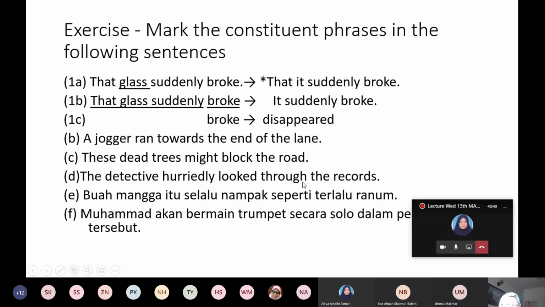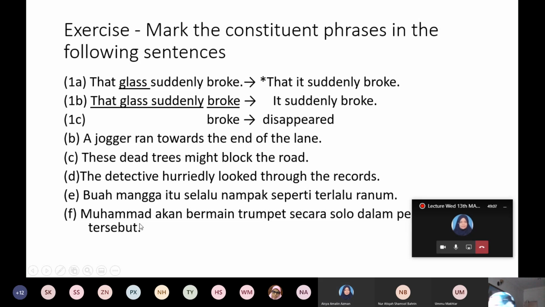So through the records is a big constituent, and we treat look as the verb. We can replace it with another verb, like hurriedly search through the records. Okay, I understand. Thank you, doctor.